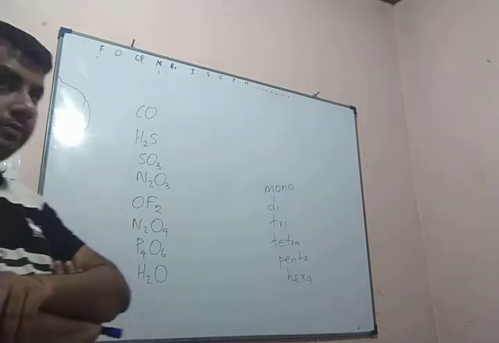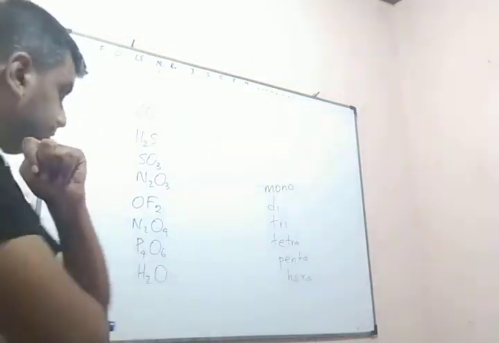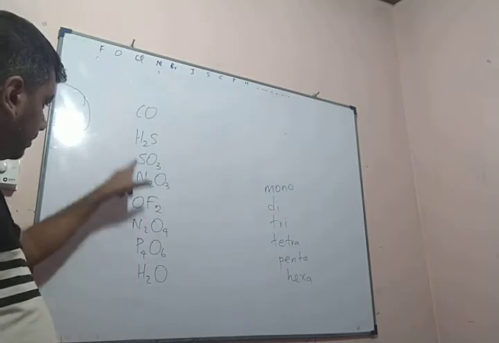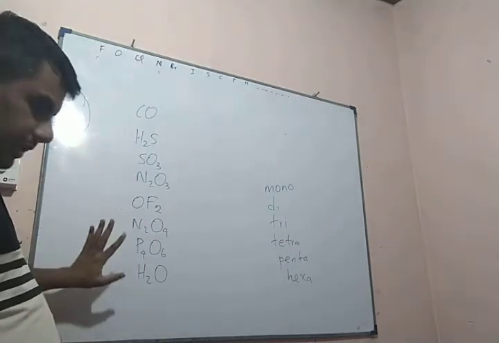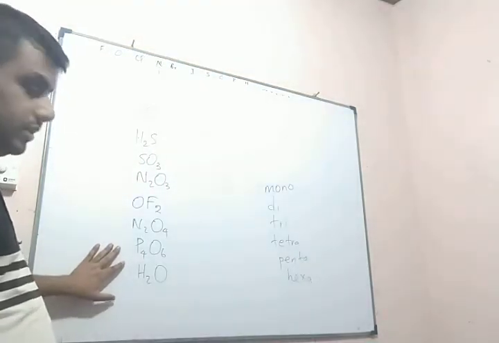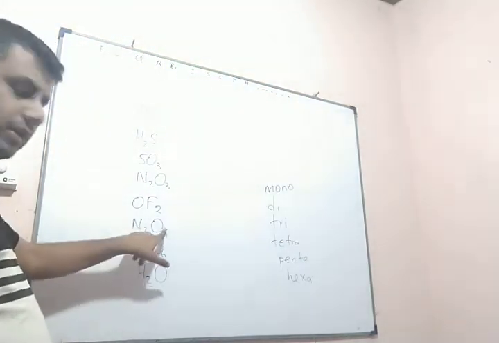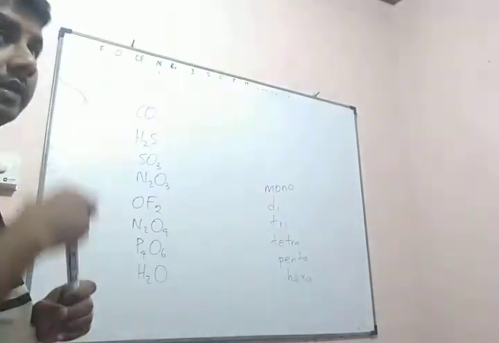Less electronegative atom should be written first, and then the more electronegative atom, right? You don't have to worry about that here because we have written in the order. Initially we have written the positive part and then the negative part. Sometimes it will be a task, right?